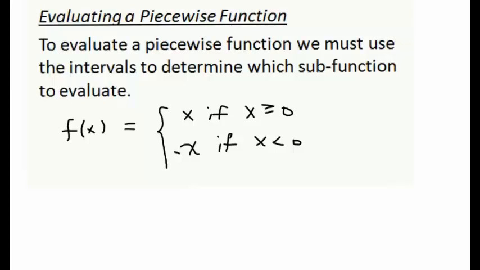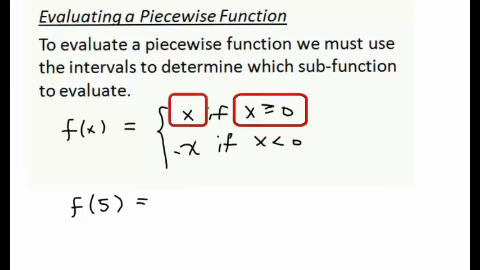So for example, if we have our absolute value function here, f of x, and we'd like to evaluate f at 5, we're going to use the value of 5. We're going to figure out what interval it's on. Since it's on the first interval here, 5 is greater than or equal to 0, we are going to use the first subfunction to evaluate f at 5. f at 5 is going to be equal to 5.